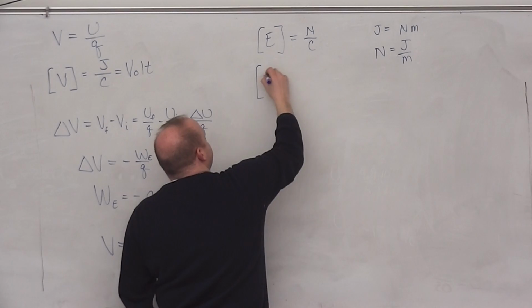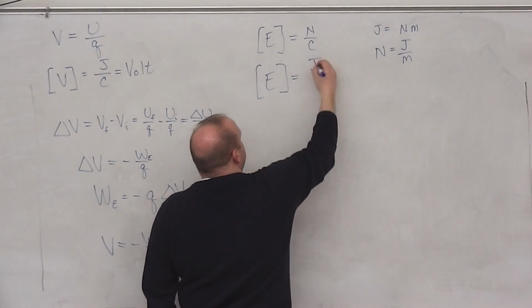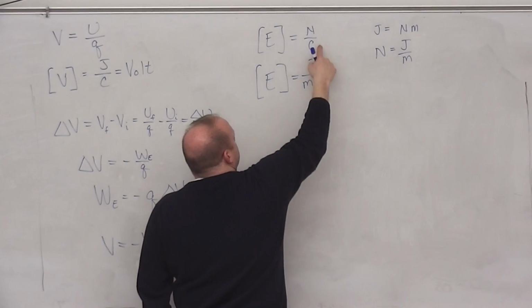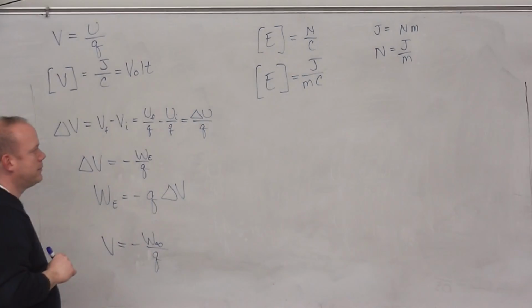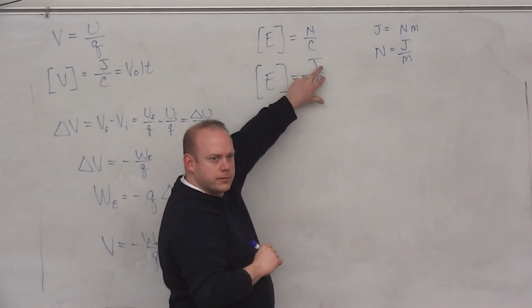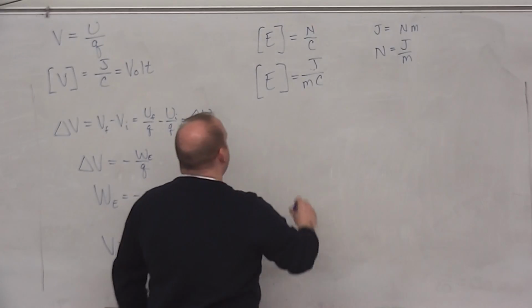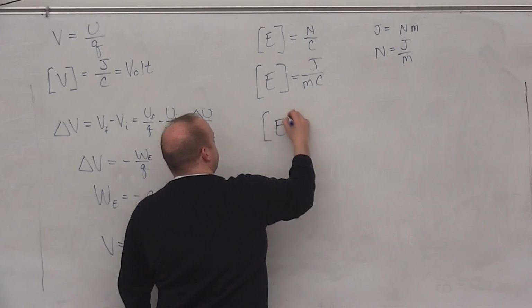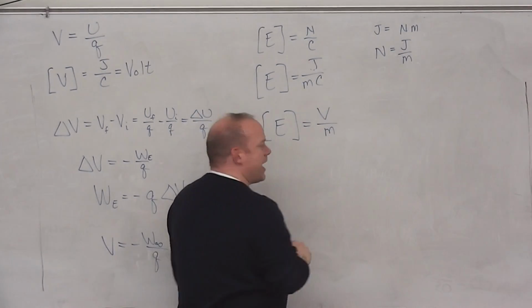The unit for the electric field will equal a Newton, which is a joule per meter, times coulombs. But take a look at this. What's a joule per coulomb? A volt. Okay? So for the electric field, more conventionally, it is written as volts per meter.